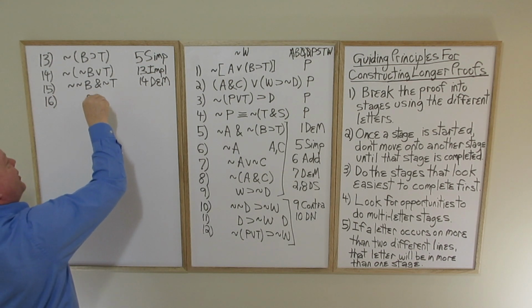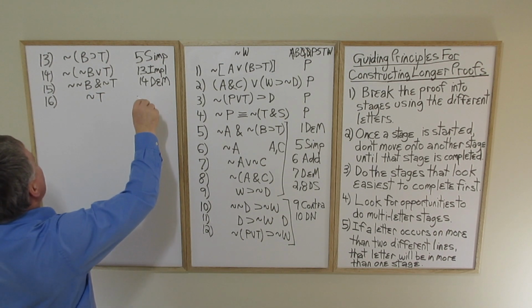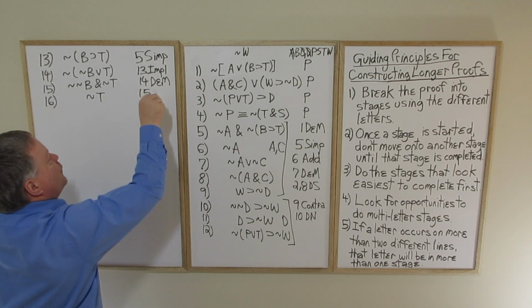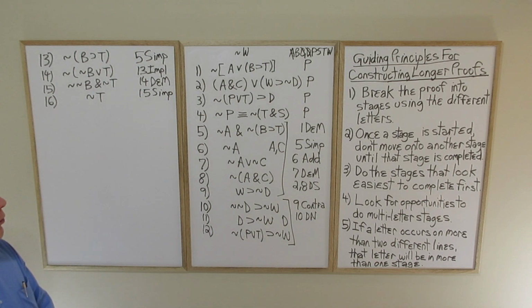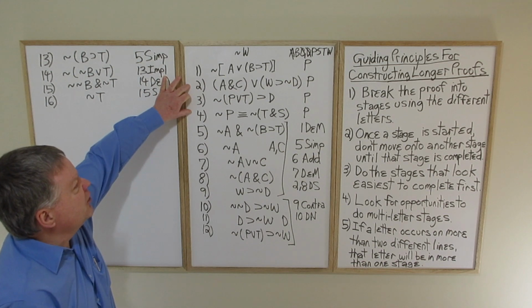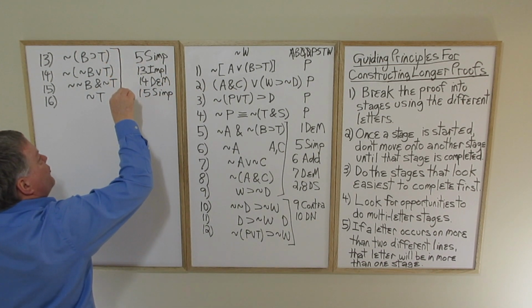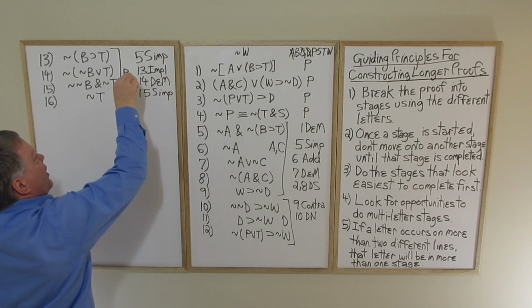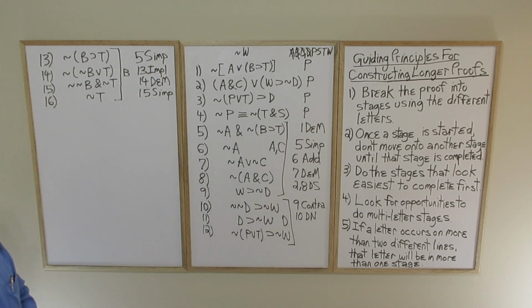From there, we snap off the T-related information, 15 simplification, and if you notice, there is no B-related information anywhere else in the premises. So rather than making use of, we're just going to get rid of the B-related information by not simplifying it from the conjunction in 15.